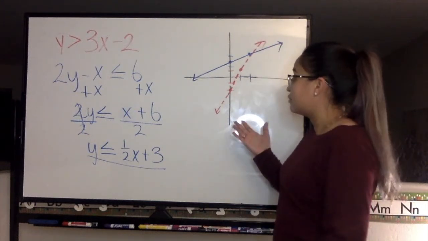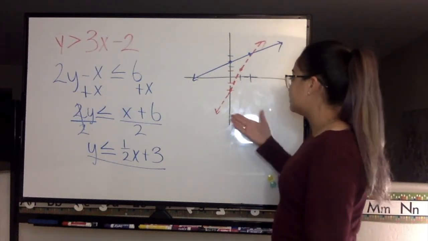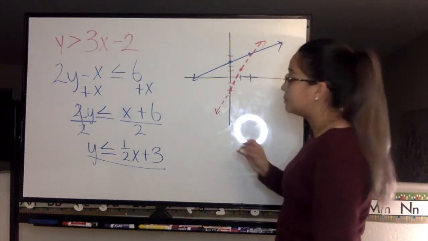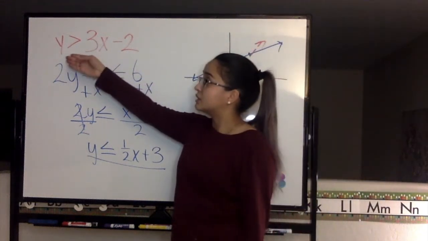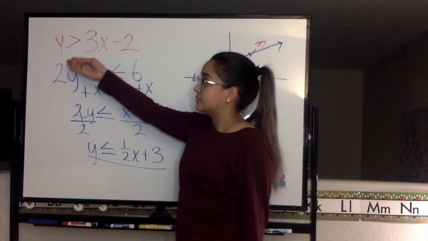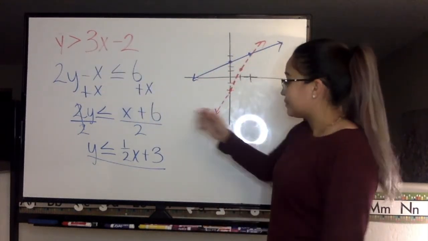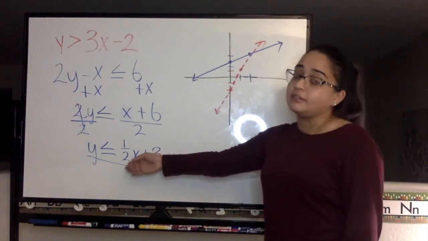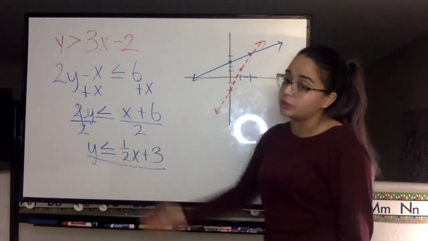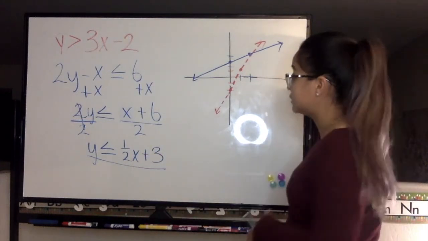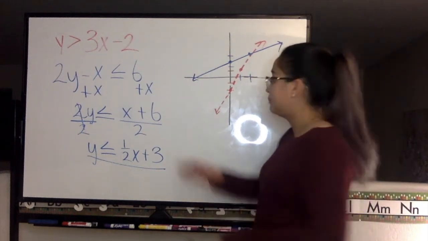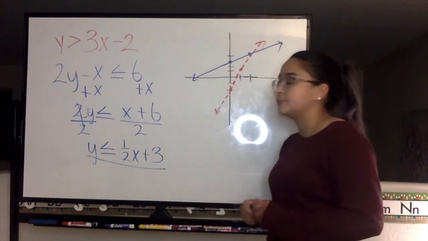Now that I have my dotted line, it's dotted because again it is just greater than. Now, on this line we have less than or equal to, therefore our line will be solid. And that's what we have, a solid line. Okay, we covered that.